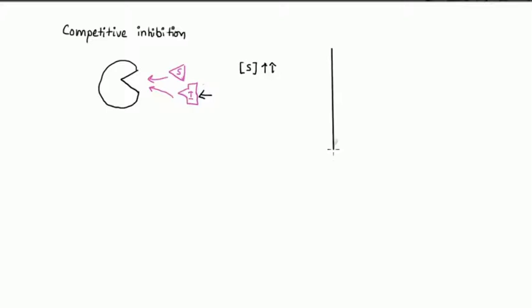Now, let's say, again, we start off with the Michaelis-Menten plot, where we have substrate concentration on the x-axis and the velocity on the y-axis. Normally, without the inhibitor, we would have normal enzyme kinetics, where the Vmax is over here.